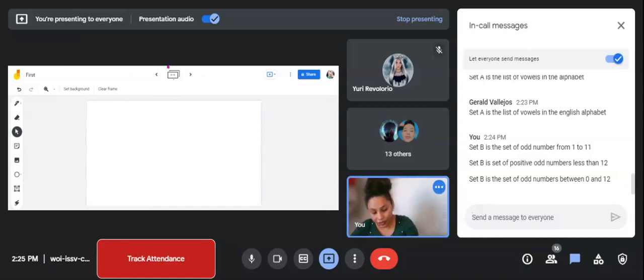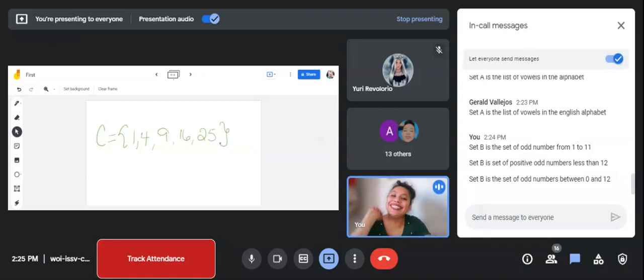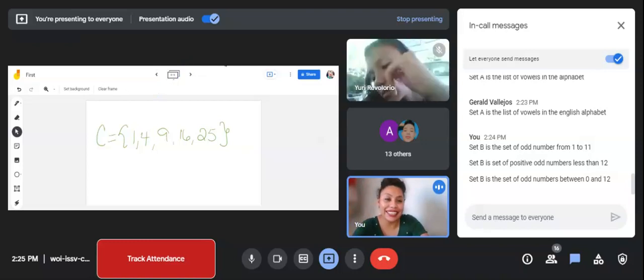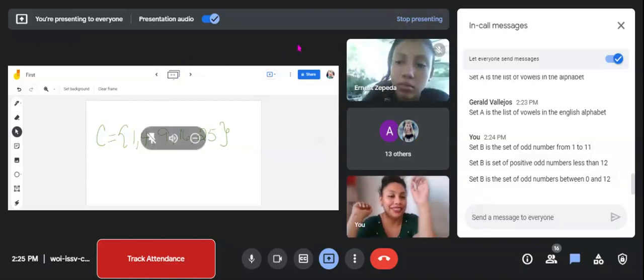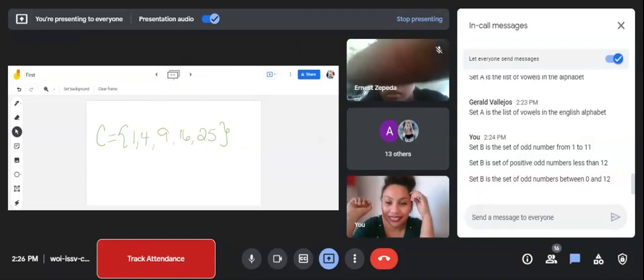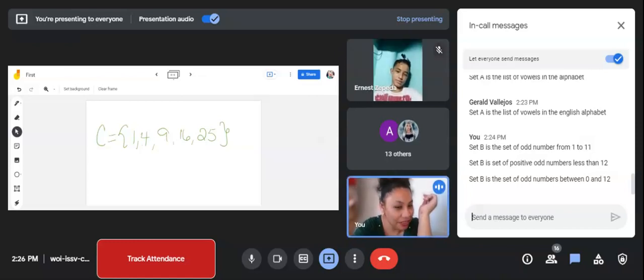Let's look at C. C says you have 1, 4, 9, 16, 25. What is this set showing? And you guys have seen this set of numbers before. The set of square roots, miss. Not square roots. You're close, but the word roots is not correct.